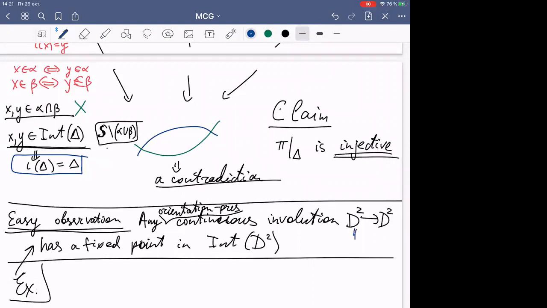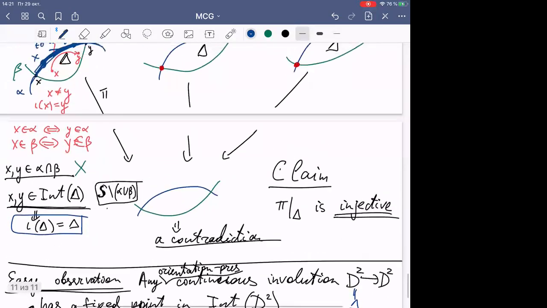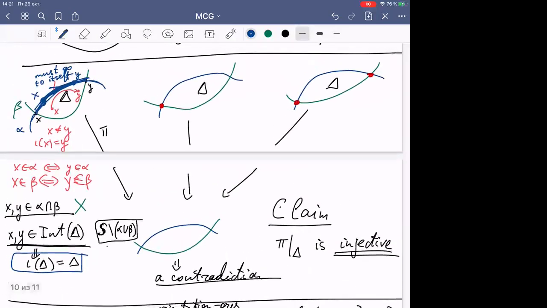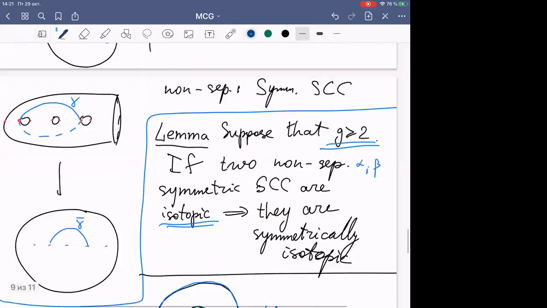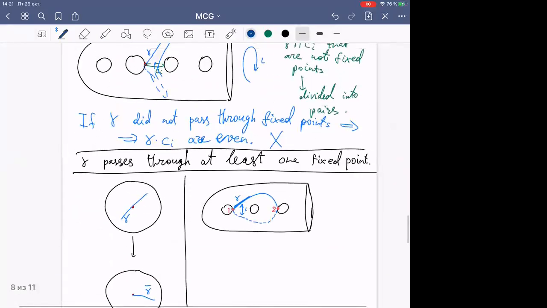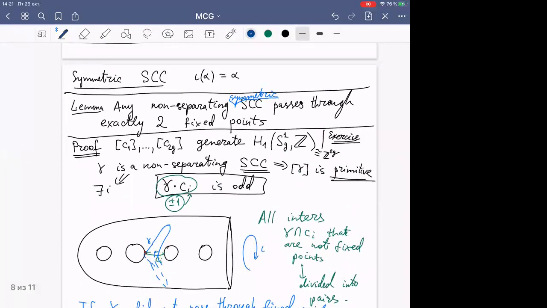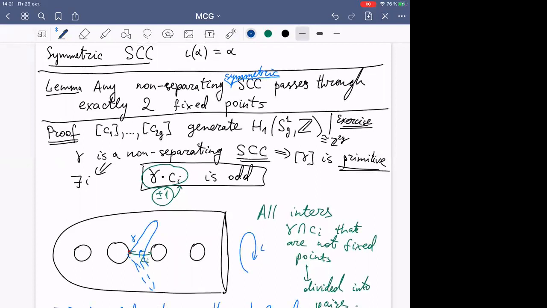This disk is delta. And there must be a fixed point inside in this situation. So I have proved the lemma. Next time I will finish the proof of the Birman-Hilden theorem. And now let us finish for today.